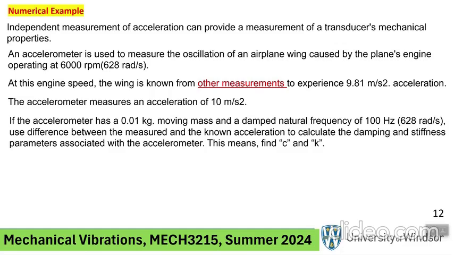Now, how do we get information about damped natural frequency? We use, for example, a free vibration. Record the data. Based on the recorded data, we calculate the logarithmic decrement, and from the logarithmic decrement, we're going to get our damped natural frequency.